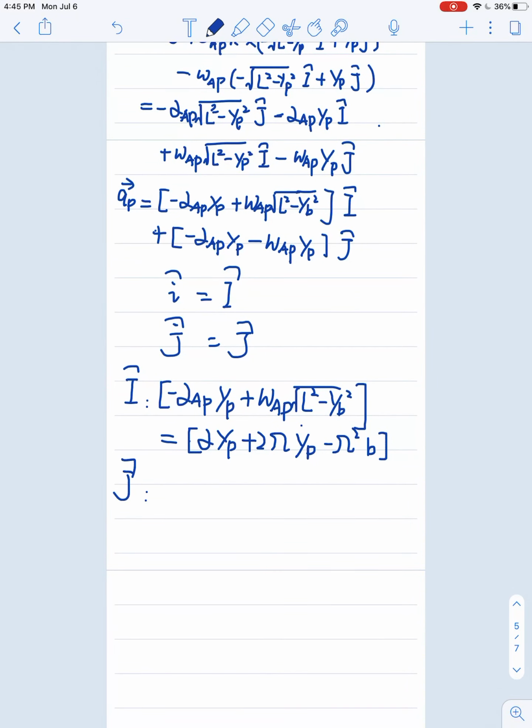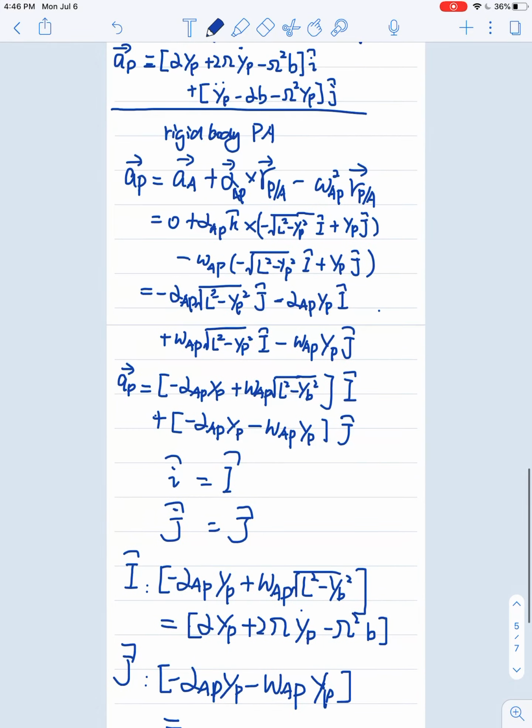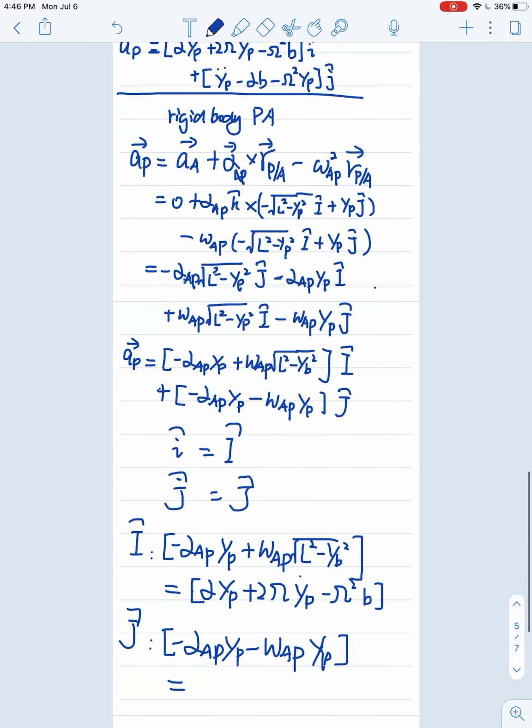For the J component, we have negative alpha AP yp minus omega AP yp equals the J component from the first expression, which is yp double dot minus alpha b minus omega square yp.